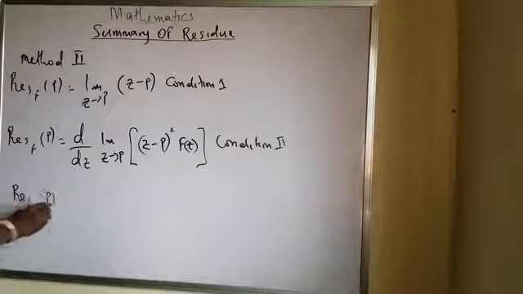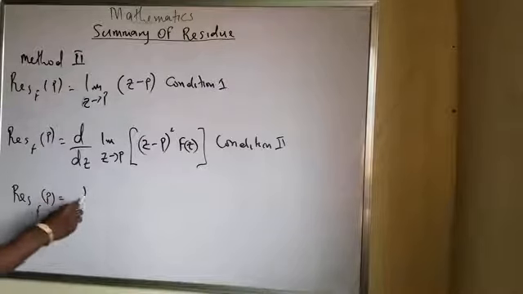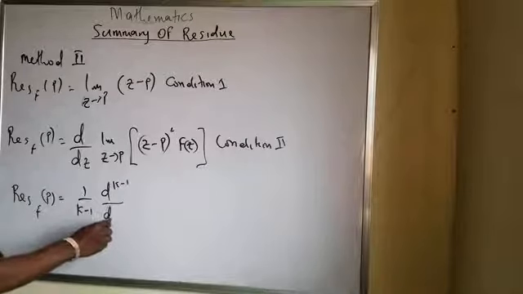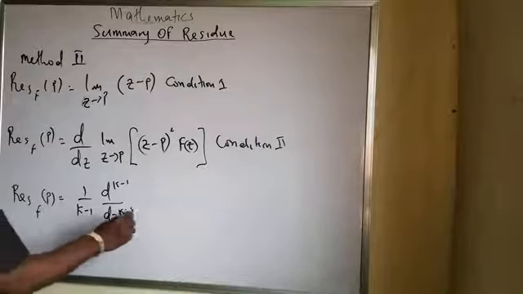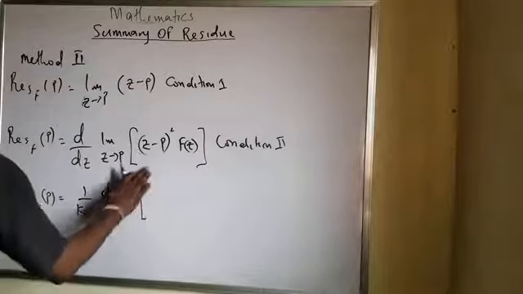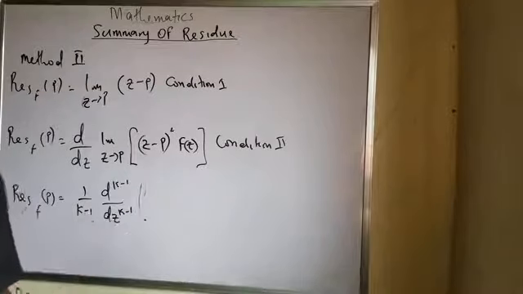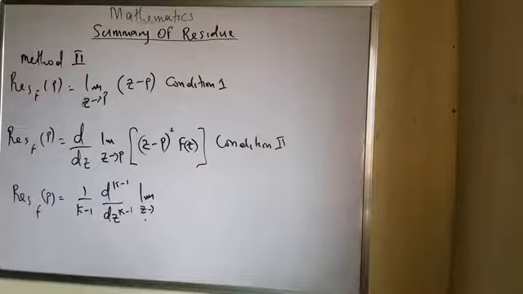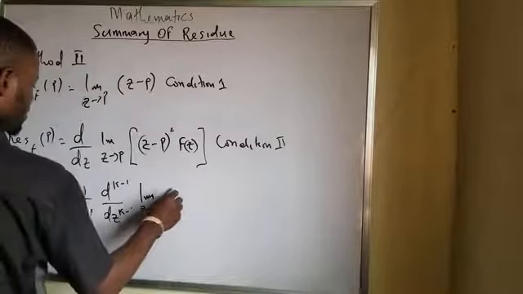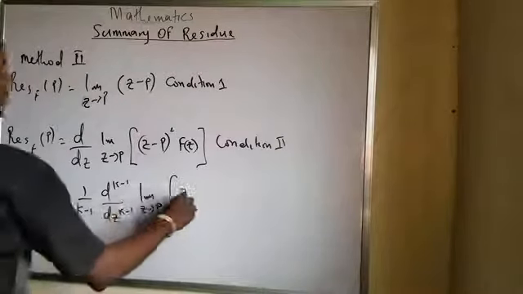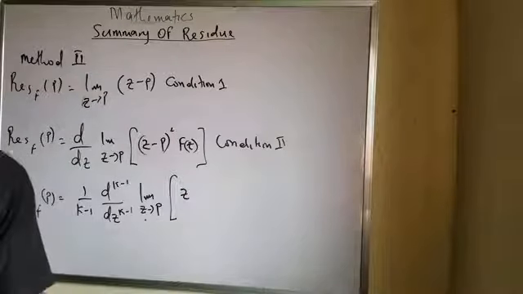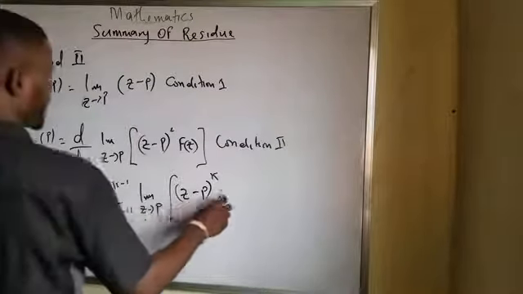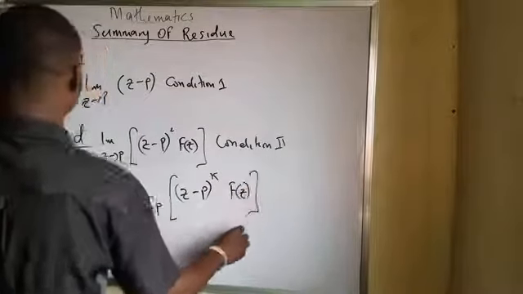Now condition 3: the residue at p, when I have 1 over (k minus 1) factorial, d^(k-1) divided by dz^(k-1), of the limit as z goes to p of the bracket (z minus p)^k times f of z.